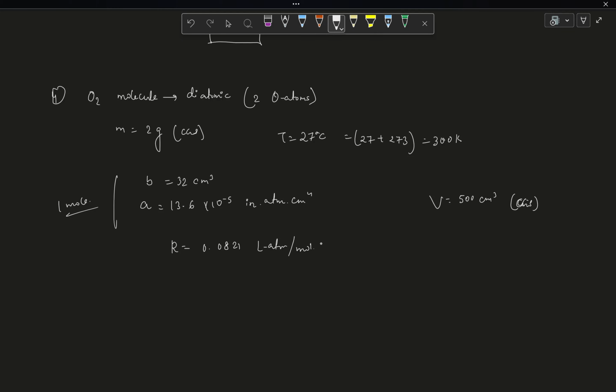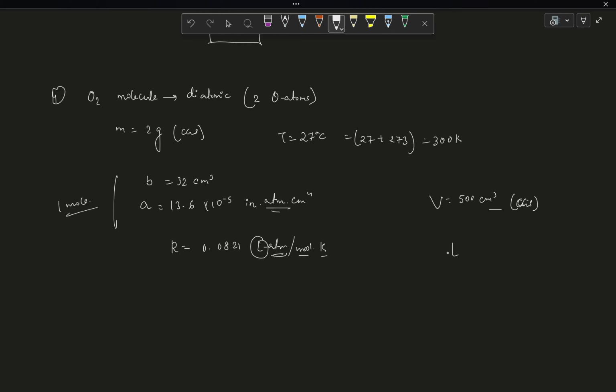So just be careful that all the units are on the same page, like here atmosphere is in the same unit. Mole, there is nothing you can do about mole. Kelvin is also absolute. The only thing you need to change here is the expression of volume, which is given in units of liter here, but all the other terms are in centimeter cube or cc. So we'll convert this liter into cc also, so that all the units are of the same type.